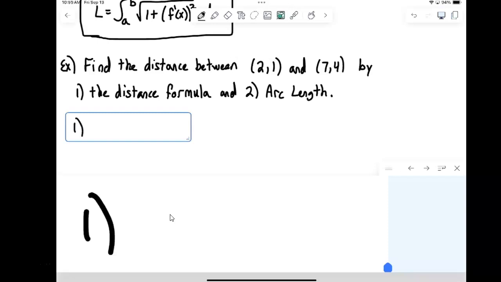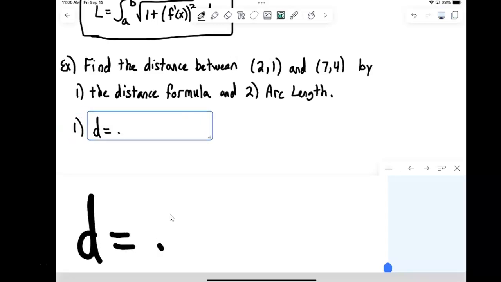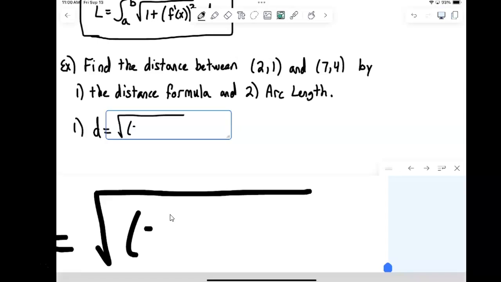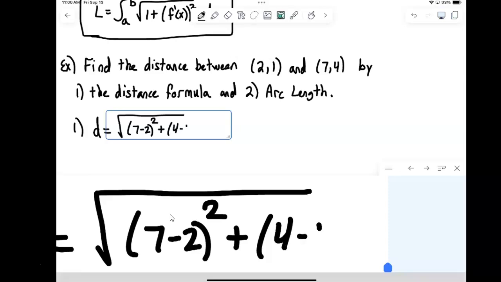So the distance formula is the square root of the difference of the x's, so (7 minus 2) squared, plus the difference of the y's, (4 minus 1) squared.